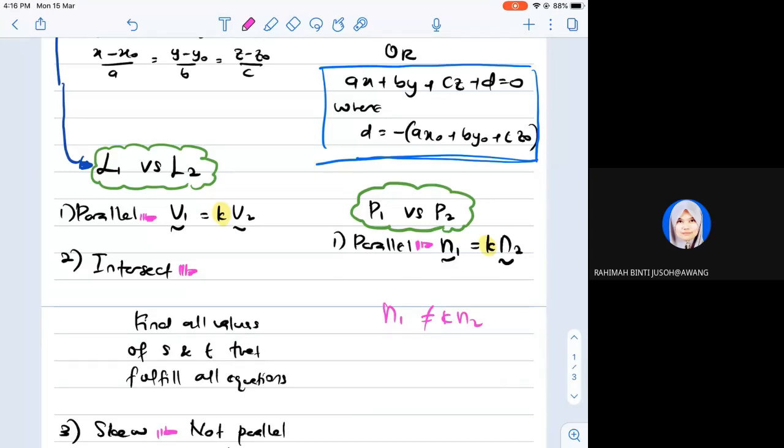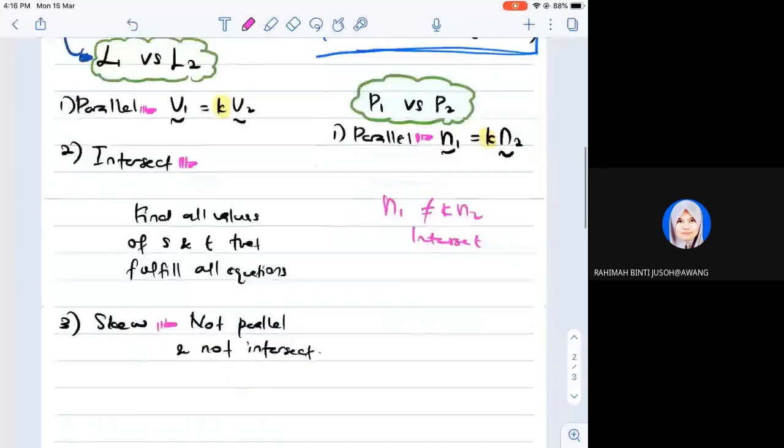Okay, maksudnya plane 1 dengan plane 2 dia akan intersect lah. Macam tu. Dia lain dengan line. Kalau line dia ada cara testing dia lah. Tapi kalau plane, kalau misalnya kata dia tak equals to Kn2, maksudnya dia intersect. Confirm dia akan intersect. Okay.